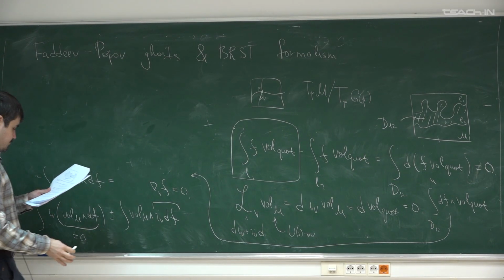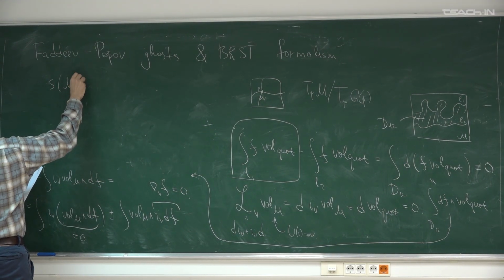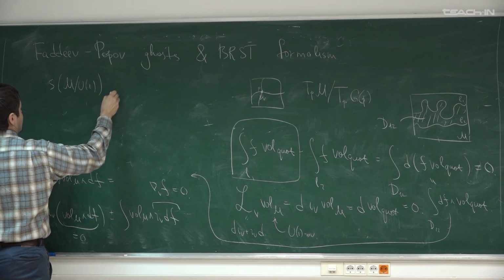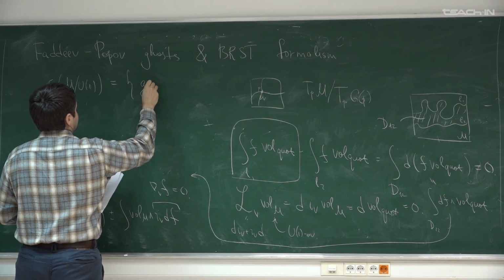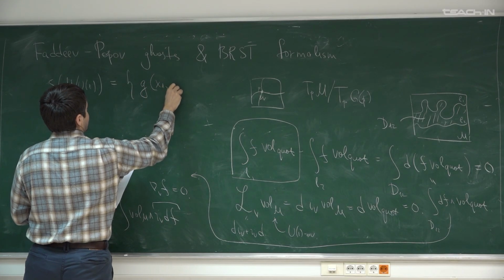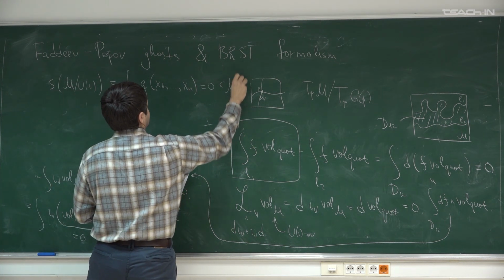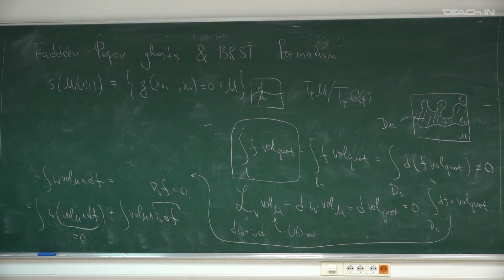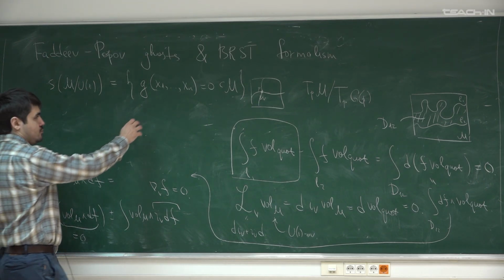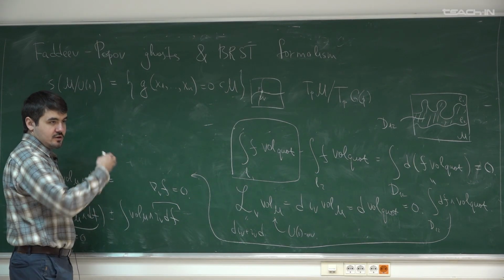We will assume that S of M over G is just the vanishing locus of some function g in M. We do this precisely to then go back to the gauge theory situation, where g is a gauge fixing condition.